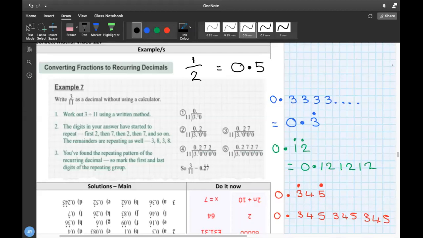The reason why is if you do 1 divided by 2, you will get 0.5. So that's what we're going to be doing for the fractions here. In the example they've got here, 3/11ths, they've done 3 divided by 11 to work out its decimal value. So to find out a fraction as a decimal, you divide the top, the numerator, by the bottom, the denominator. Let's have a go at some of the main questions now.